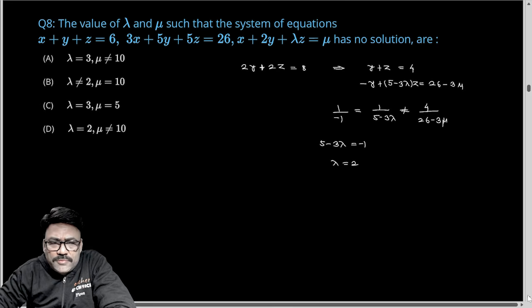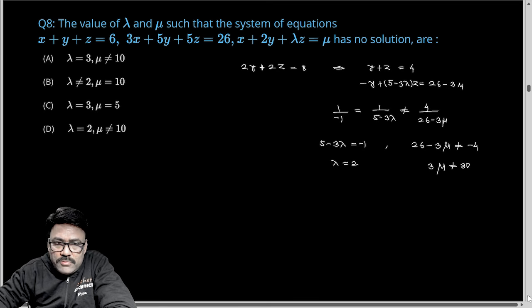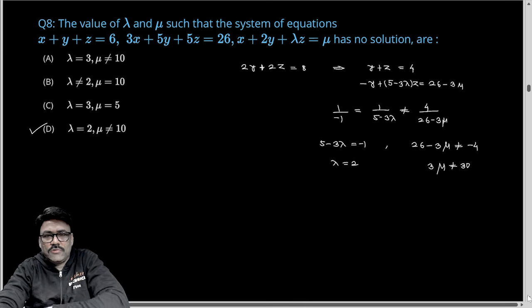And you have only one option which shows lambda is equal to 2, means D option is correct. But still, let's solve for mu. 26 minus 3 mu not equal to minus 4. So hence 3 mu not equal to 30. So mu not equal to 10. Means option D is the correct option here.